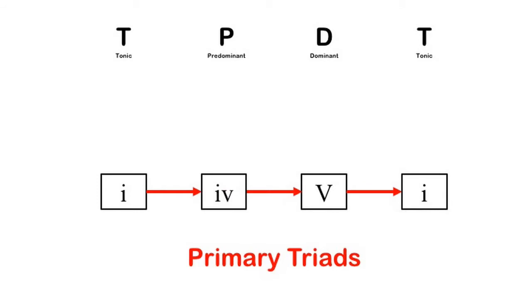So our primary triads in the minor mode are, just like the major mode, the tonic, subdominant, dominant, and tonic. So a TPDT progression in minor using only primary triads sounds like this.